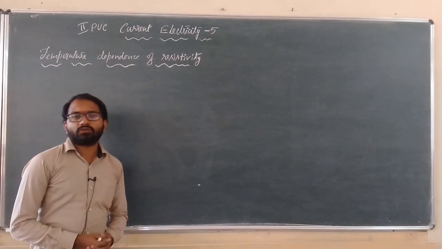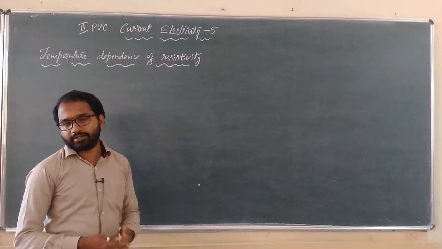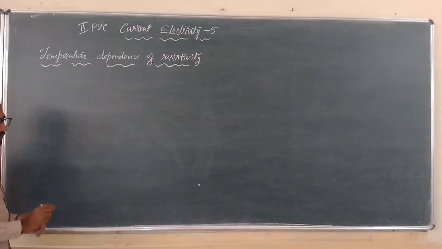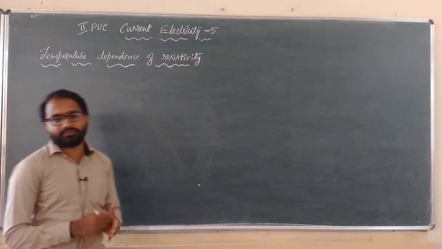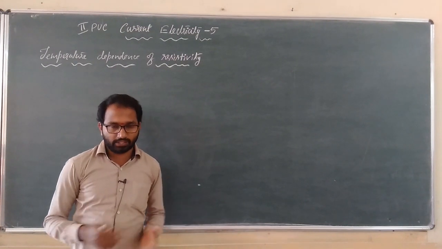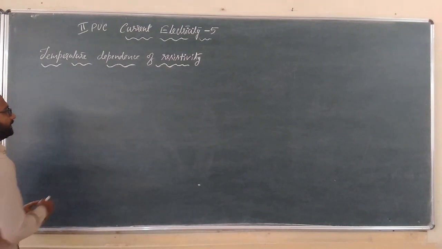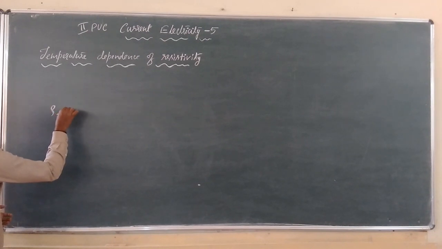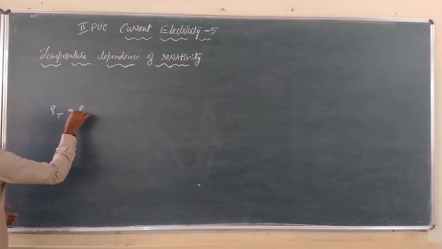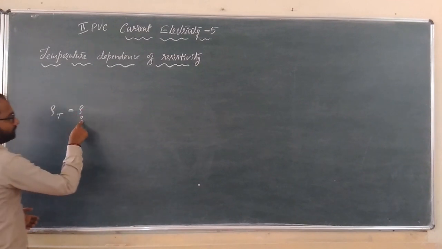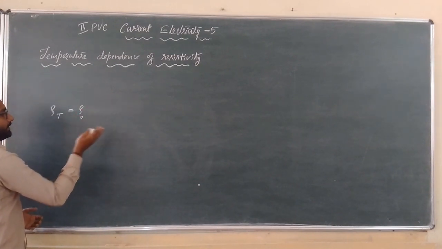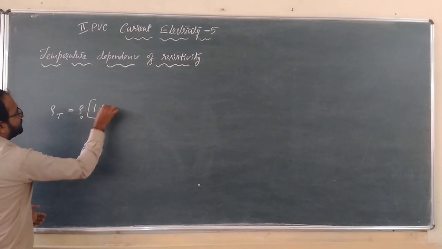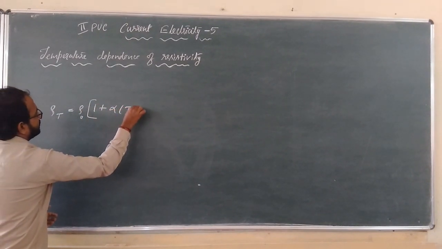Different materials do not exhibit the same dependence on temperature. In metallic conductors, over a limited range of temperatures, the resistivity is given by rho at T Kelvin is equal to rho naught at some other temperature T naught Kelvin, into 1 plus alpha into T minus T naught.